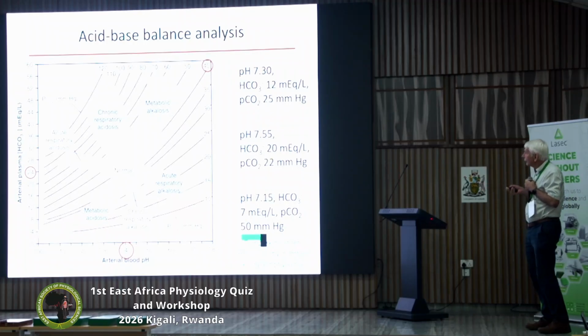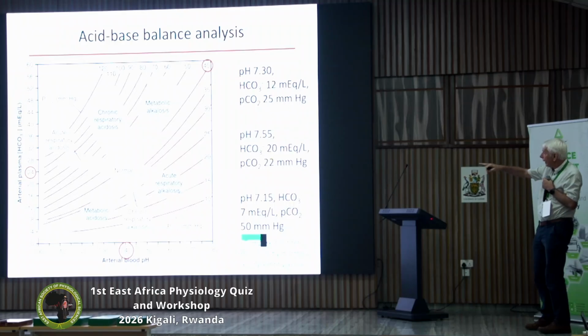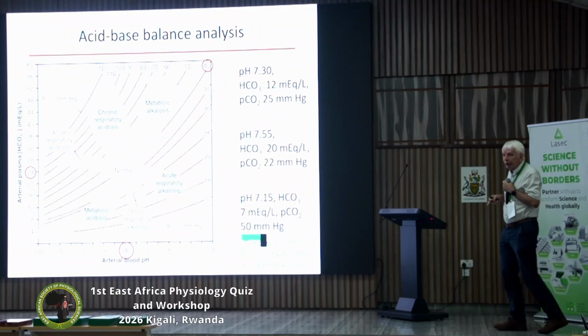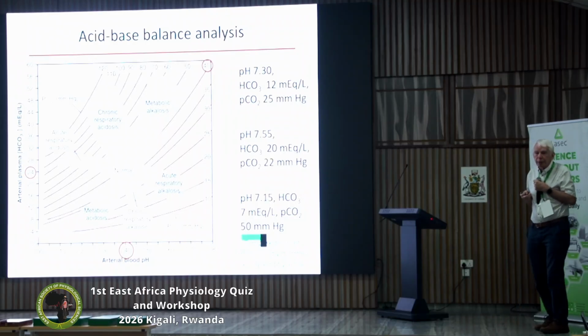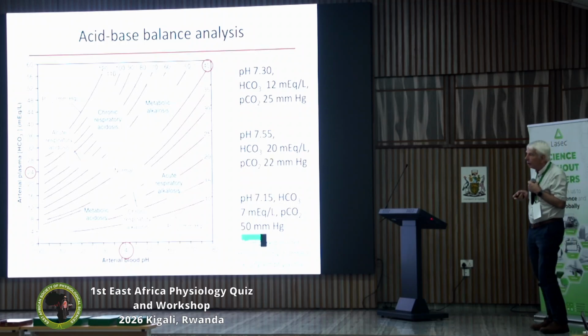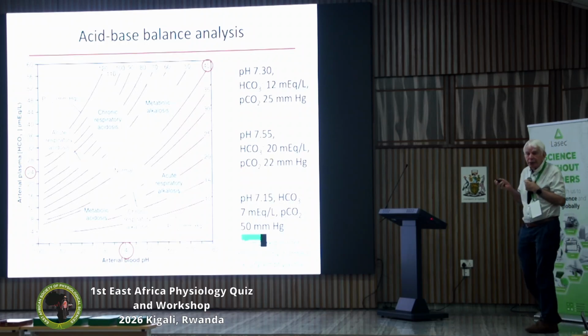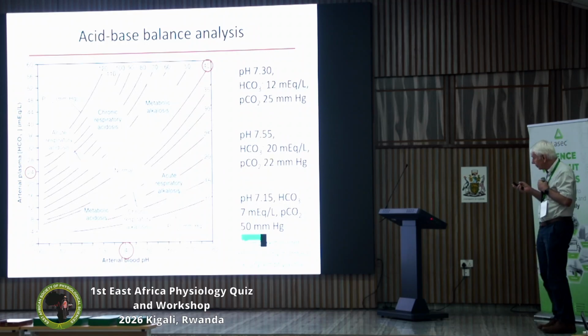We have arterial blood pH, we have the bicarbonate concentrations, and we have the partial pressures of carbon dioxide. And this determines whether a subject has a certain type of disease or not.